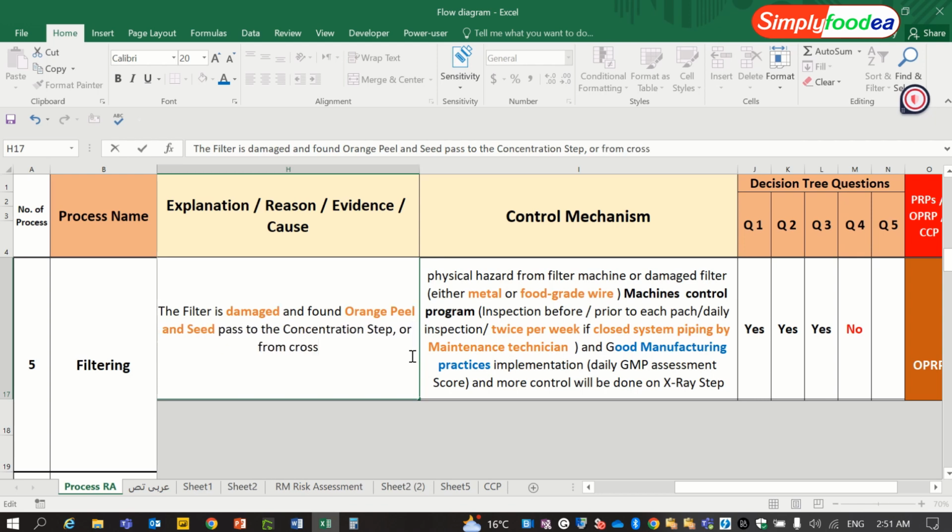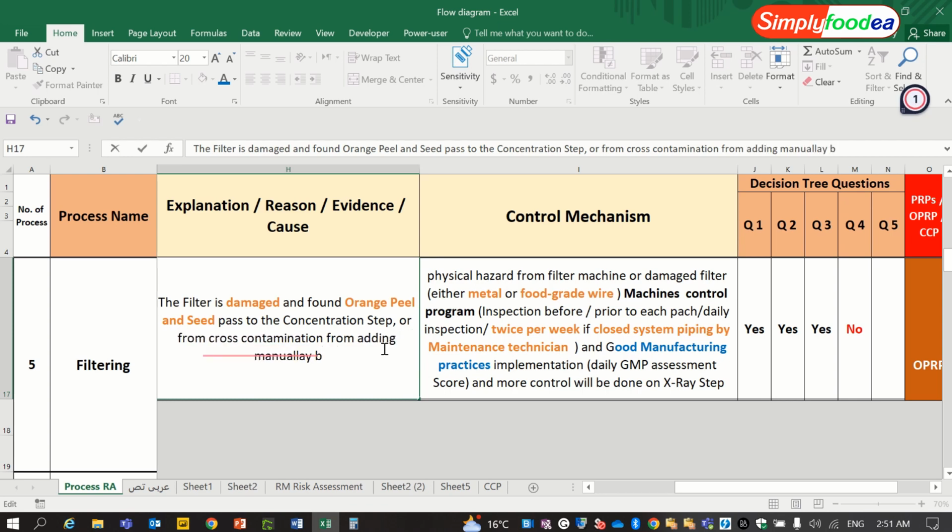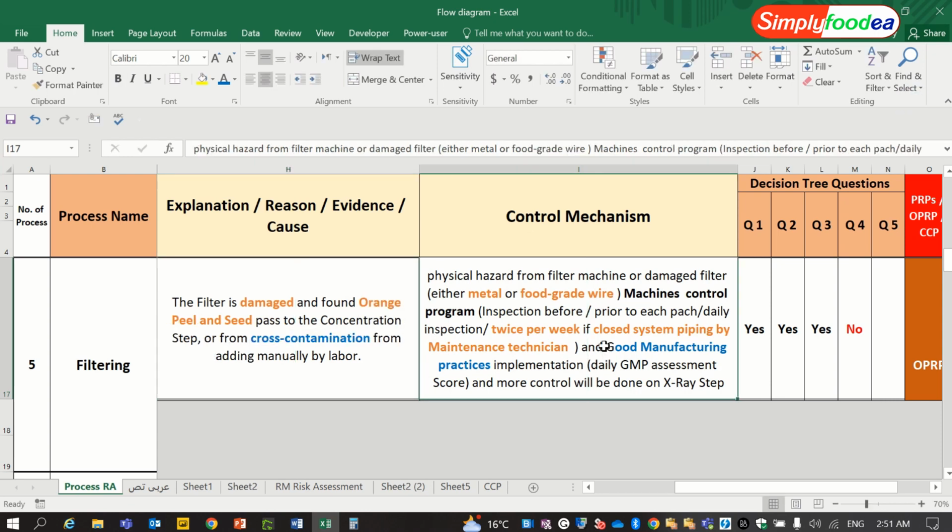Or from cross contamination from adding manually by labor, so it will be controlled by the good manufacturing practices, sorry.